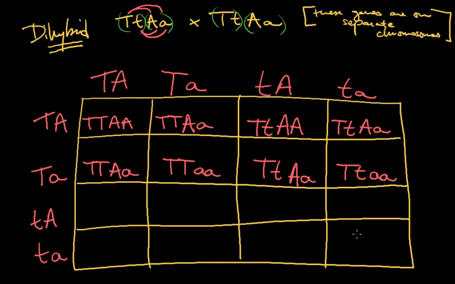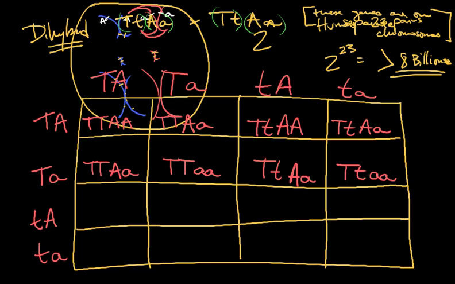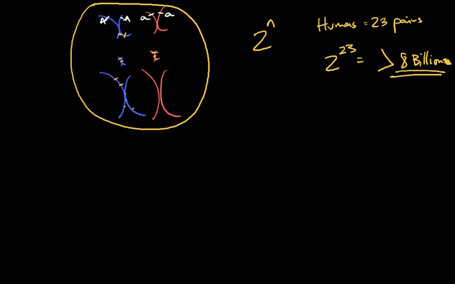And I'll let you fill these out if you want, but that's assuming that we've got A's over here and we've got T's over here. But sometimes those T's actually are here, or whatever letter we want to use, and so they'd always stay together unless there was crossing over.